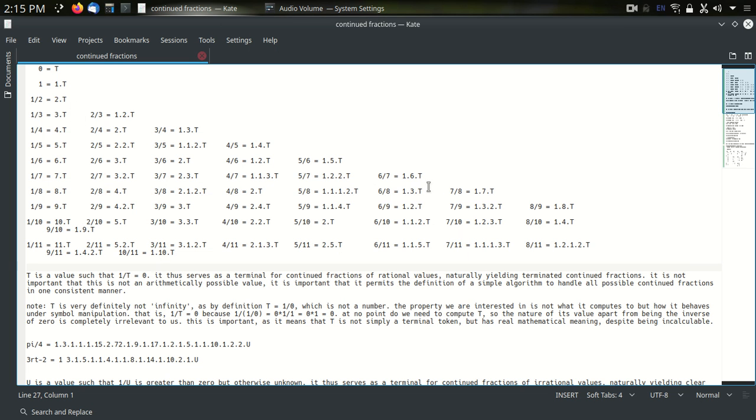All of your rational numbers will be a terminating sequence, right? So unlike a decimal expansion, where 1/3, 1/7, 1/13, 1 over anything that's coprime with 10 is going to be an infinite but repeating expansion.